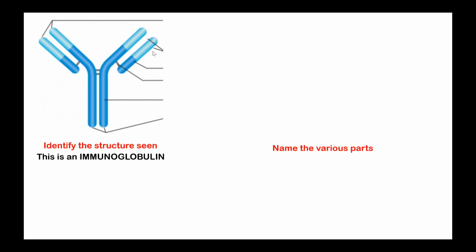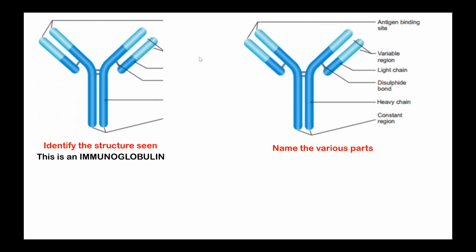What is this? Are you able to see my cursor? Yes, sir. This is the hinge, with the disulfide bond. So the various parts are the antigen binding sites.